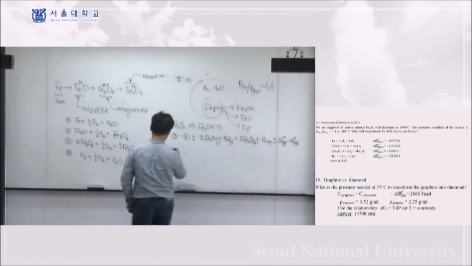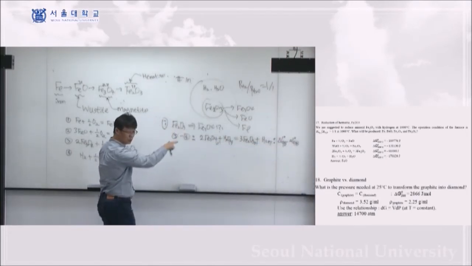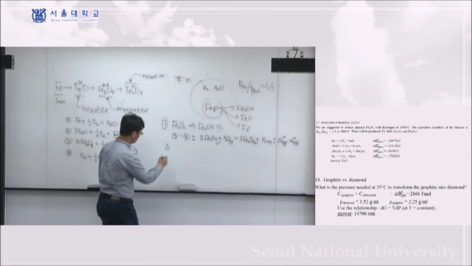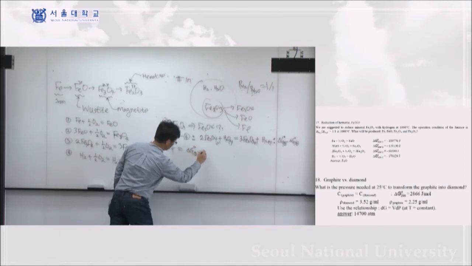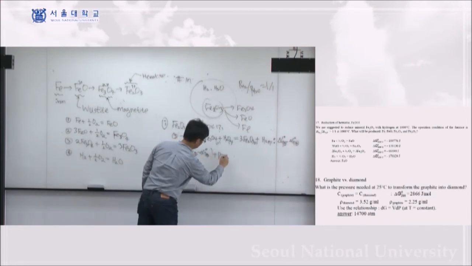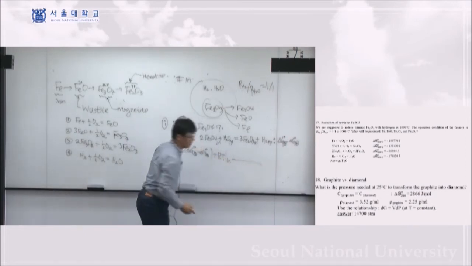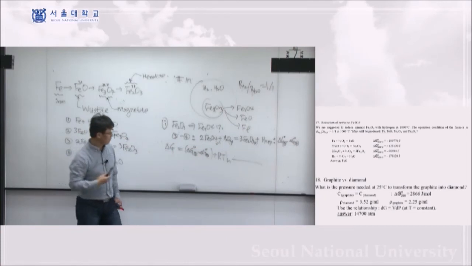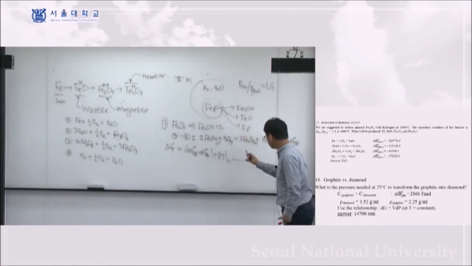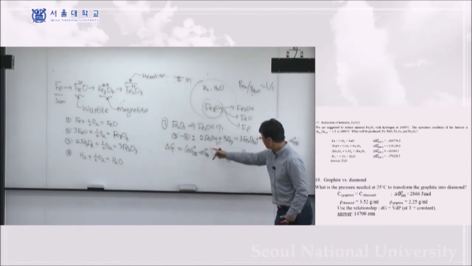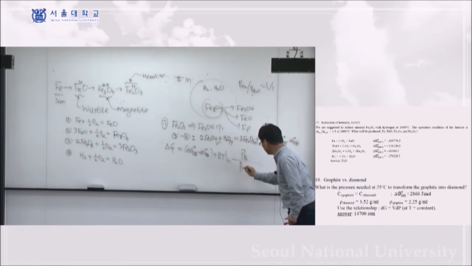So delta G of this reaction, because I'm checking whether it's going forward or backward, equals delta G naught of 3 minus delta G naught of 4 plus RT ln Q under my current condition. The activity of this solid is 1, and this is the partial pressure of H2, and this is 1, so this will be the partial pressure of H2O.